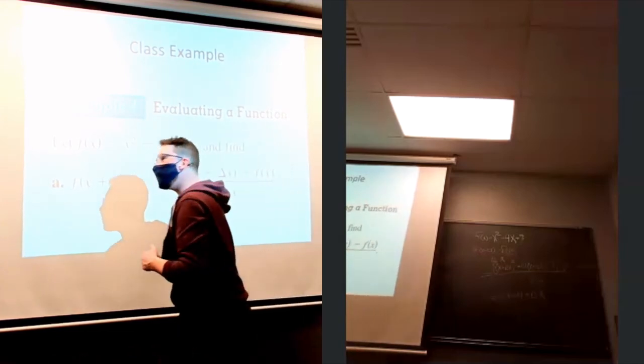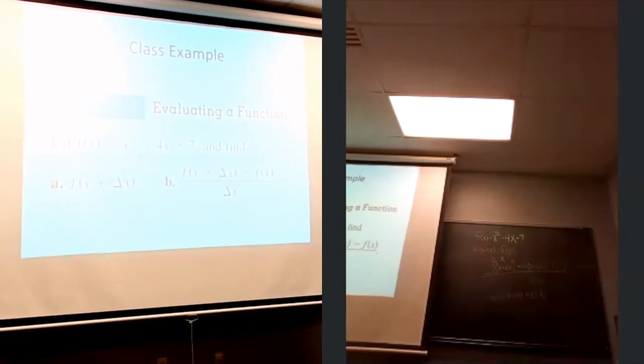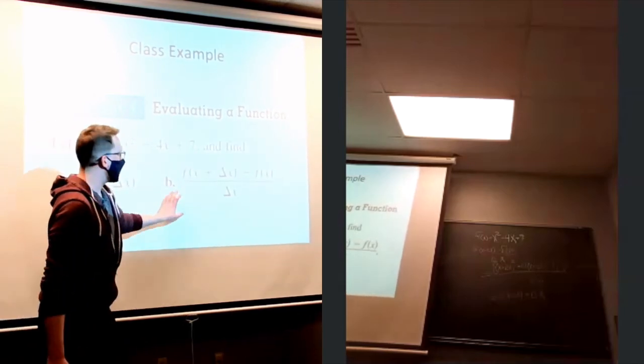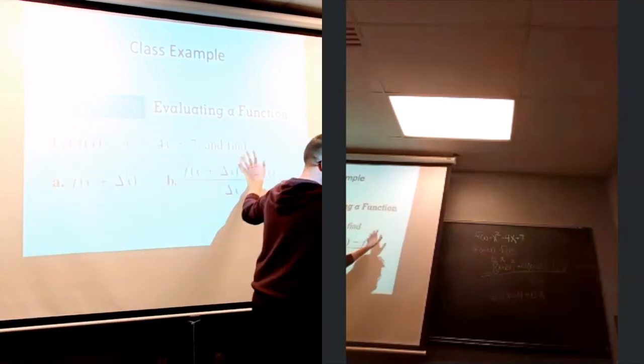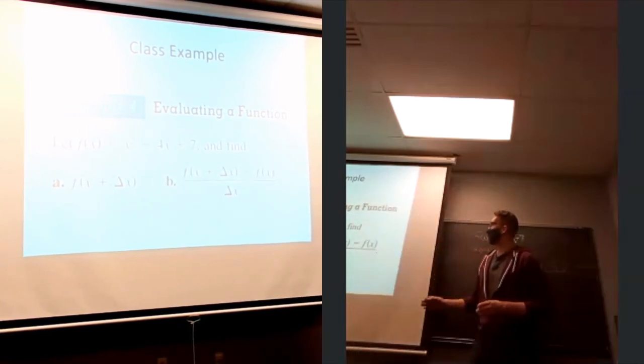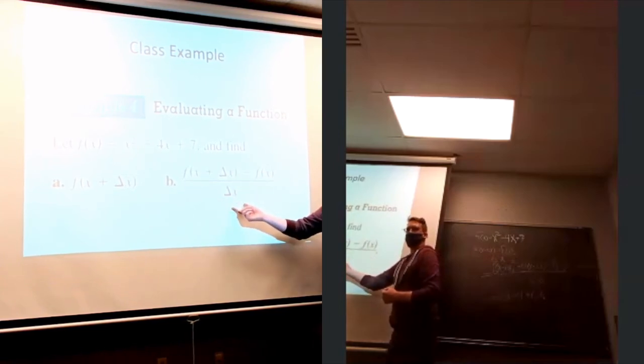So this represents the slope of what's called a secant line. And we'll talk more about this thing in future classes, but I just wanted to point out this one important detail, that what this is, is delta y over delta x.